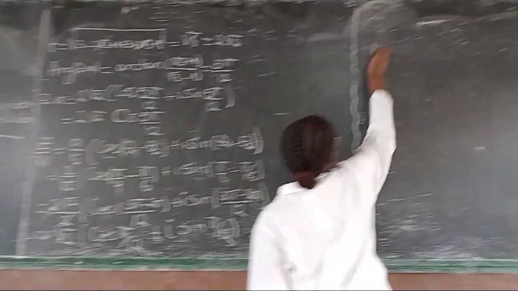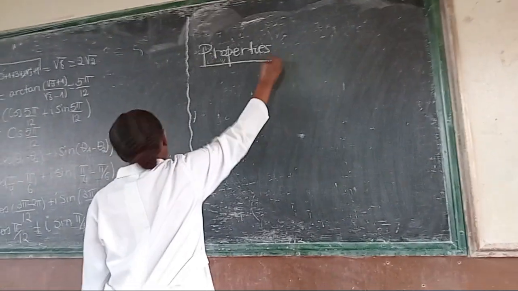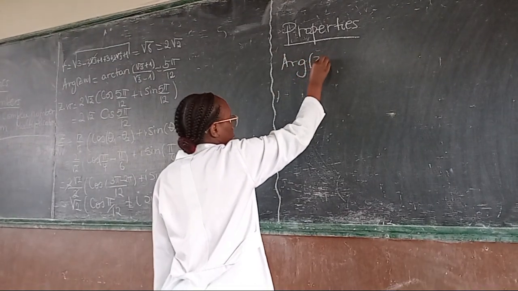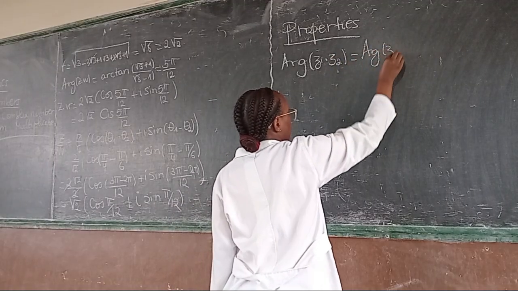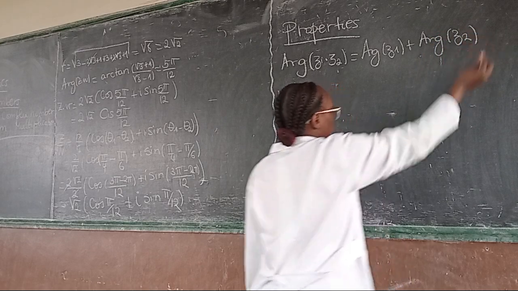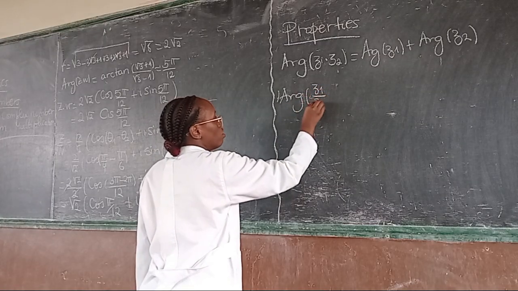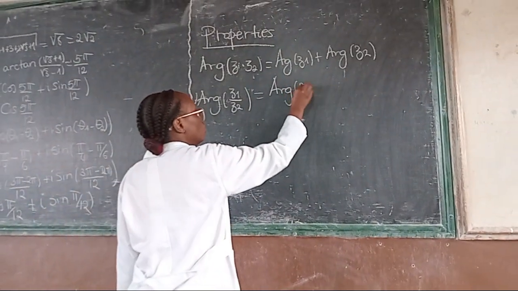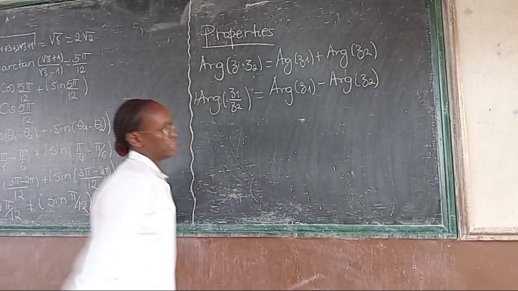So we have some properties that we have to know. Normally, the argument of z1 times z2 is equal to the argument of z1 plus the argument of z2. If we have the argument of z1 over the second complex number, this is the same as the argument of z1 minus the argument of z2.